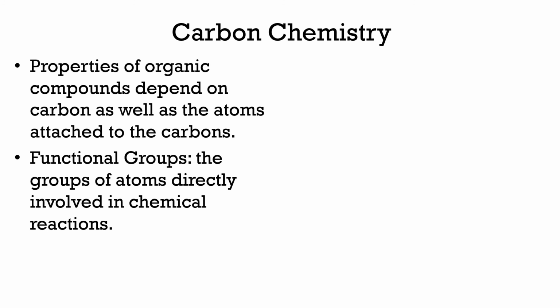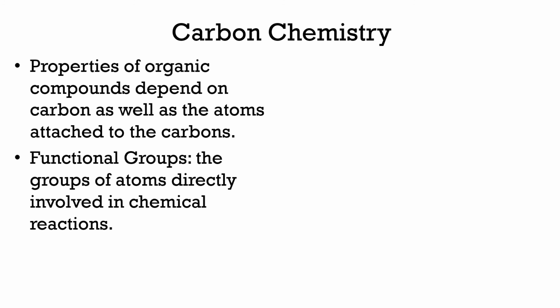Okay, they also will determine how they'll be involved in different chemical reactions. For example, if you have a negative part of your molecule, like water, when we look at the water molecule, if there's a negative aspect of it, it's going to want to interact with positive things.